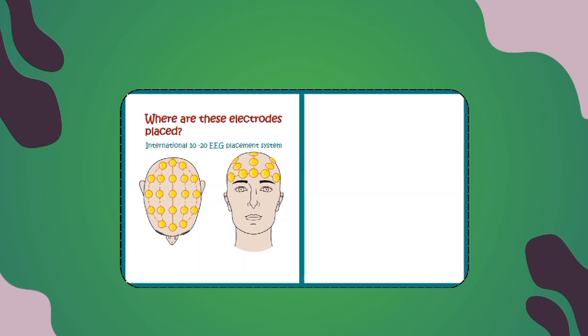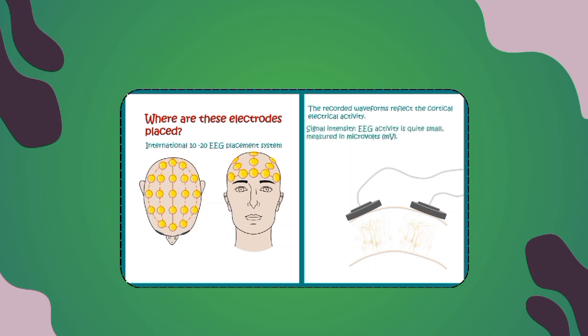But let me tell you, these are broadly placed on the scalp, and the neurons which are active just underneath the scalp, that means in the cortical layer, their activity can be recorded using EEG. Now, the waveform that comes out of an electroencephalogram reflects the electrical activity of cortical neurons.